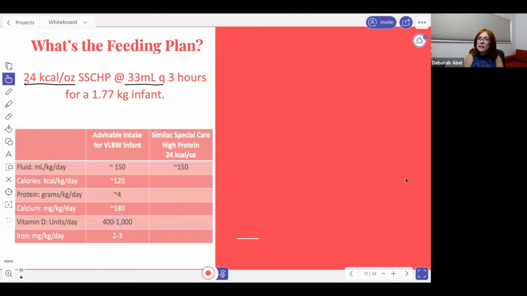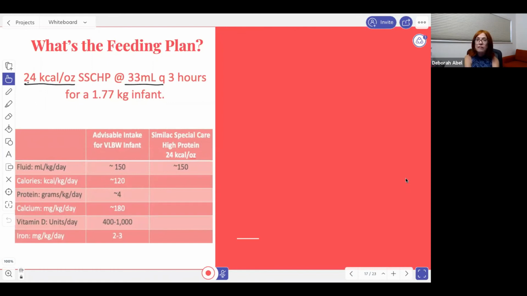So that's excellent. What you guys have decided to do is decrease the concentration but increase the volume. I want you to notice how they were able to keep the protein adequate, because if we did not increase the volume, we would have decreased the protein we were delivering to the baby.